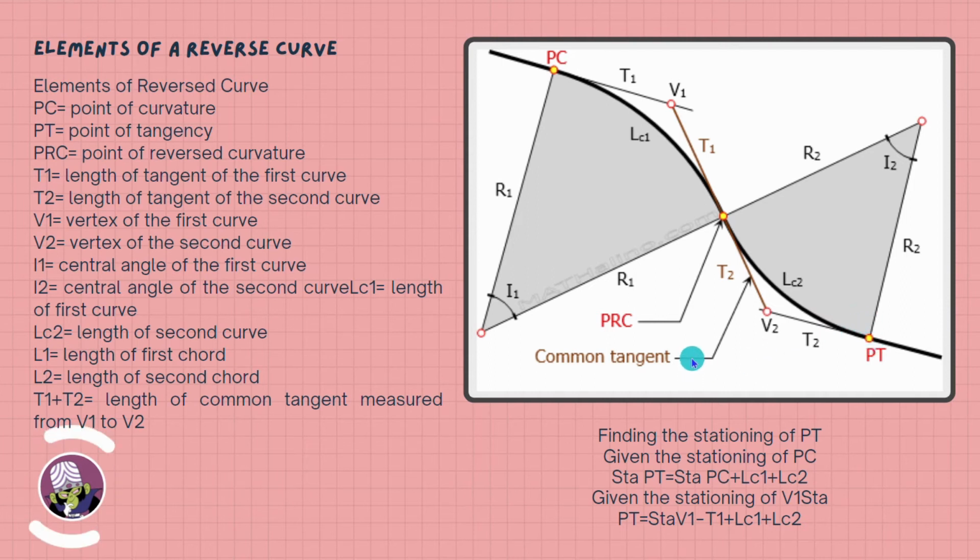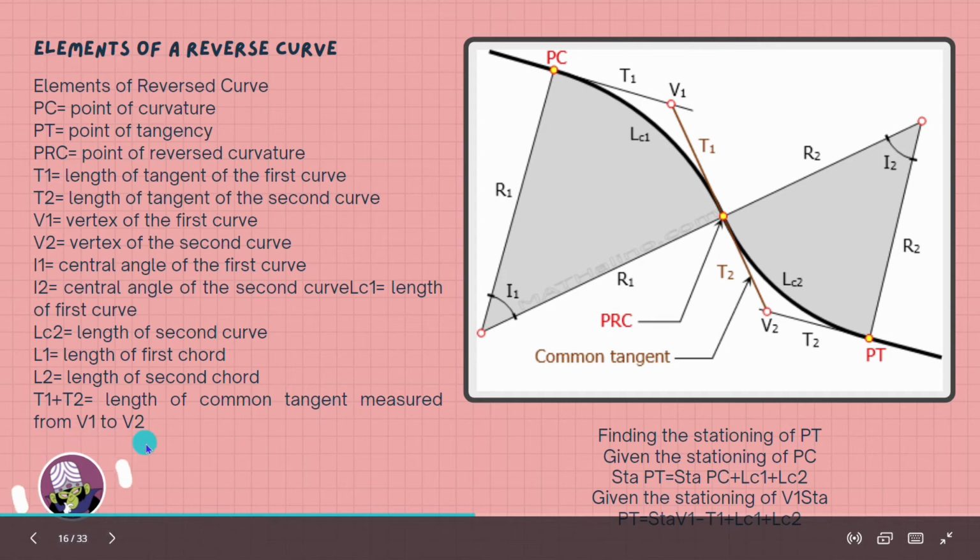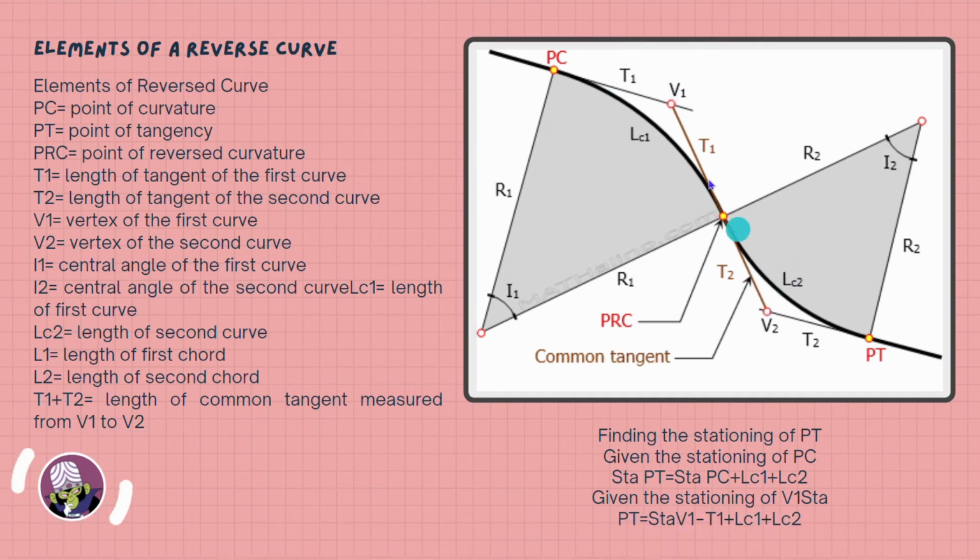L1 is the length of the first chord. L2 is the length of the second chord. The formula T1 plus T2 is equal to the length of common tangent measured from V1 to V2. From here all the way to here.